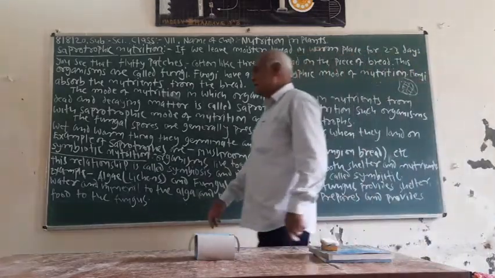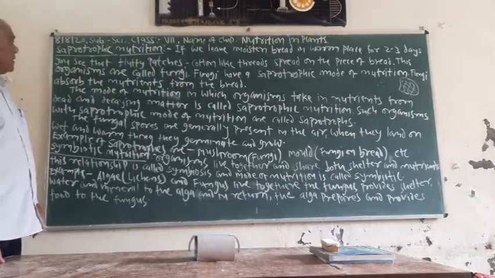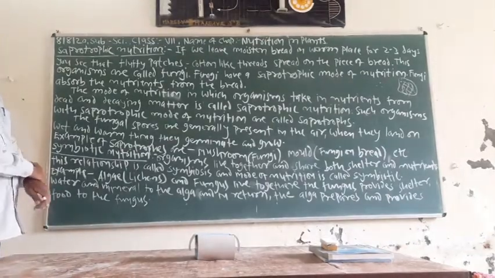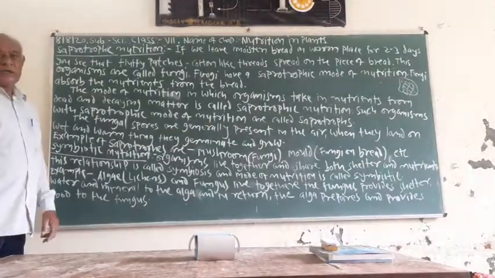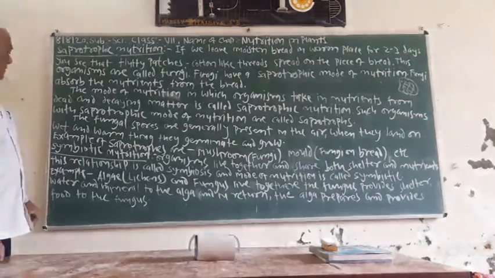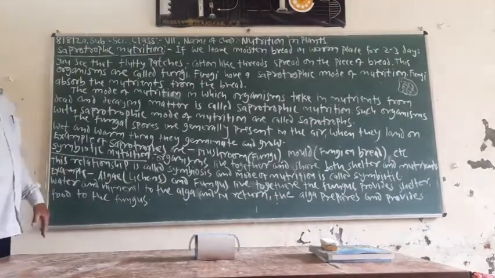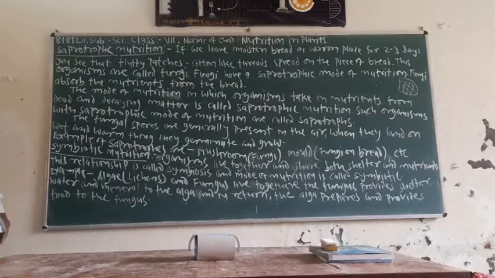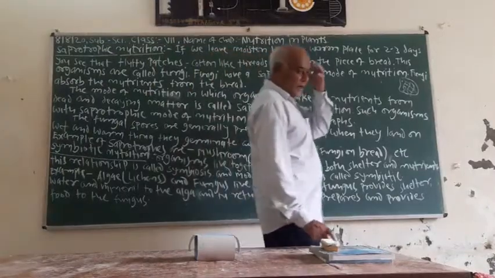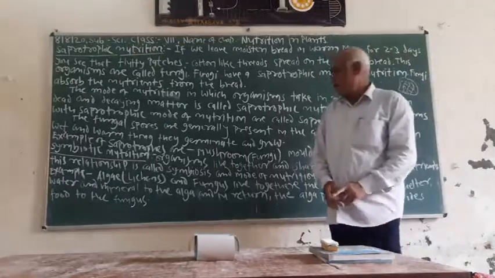So these are the examples of saprotrophs, and this is the saprotrophic mode of nutrition, which obtains nutrition from dead and decaying matter. Now another type of heterotrophic nutrition is the symbiotic relationship, that is symbiotic nutrition. Symbiotic means a give and take method, a win-win method.